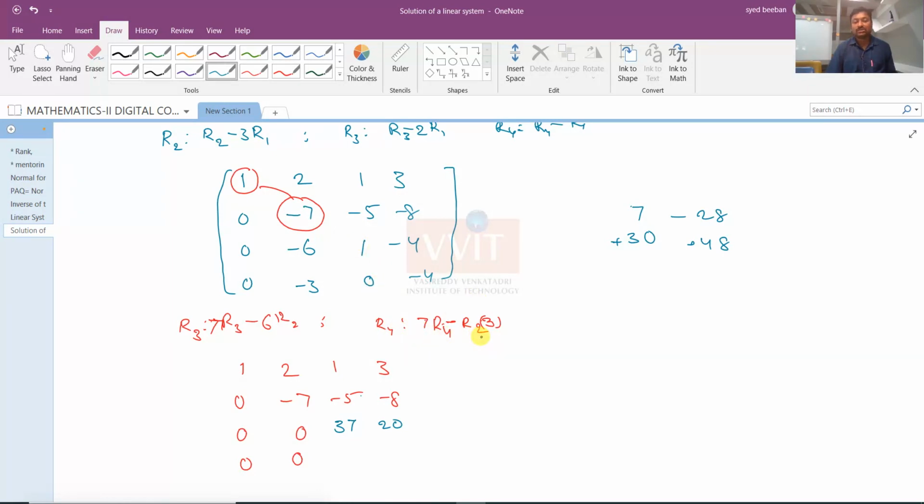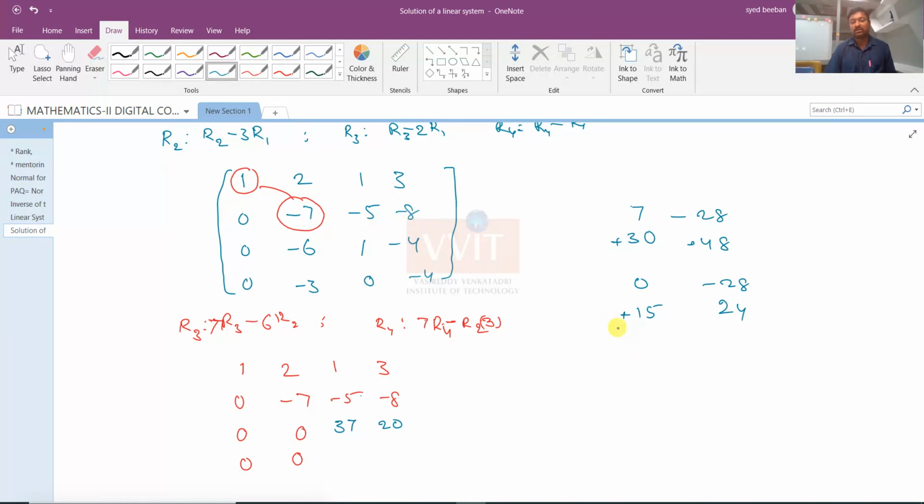Similarly, 7R4 minus 3R2. 7R4 means 7 times 0 is 0, 7 times minus 4 is minus 28, and 3R2: minus of minus plus 15, minus of minus plus 24.